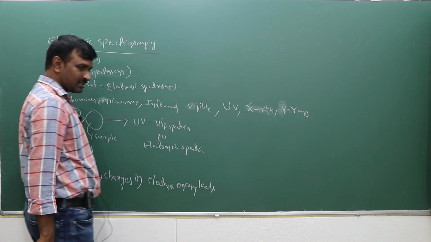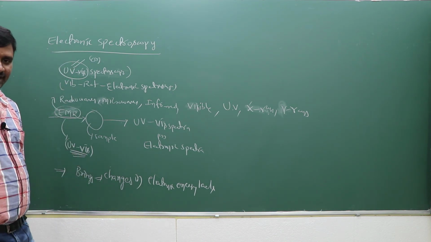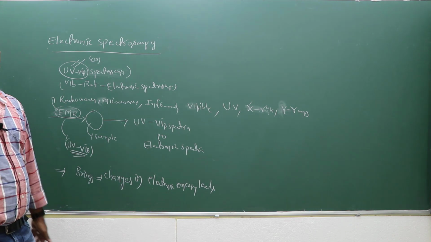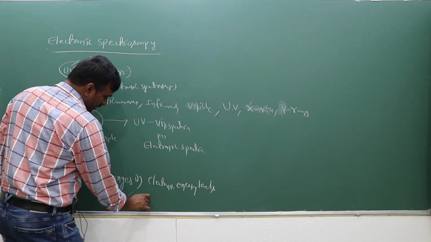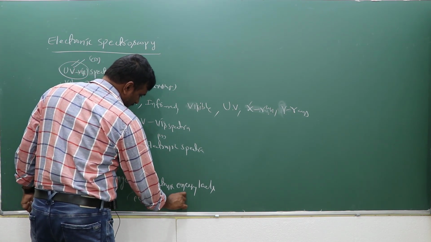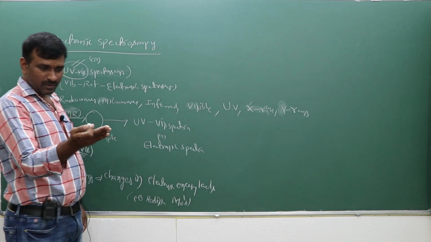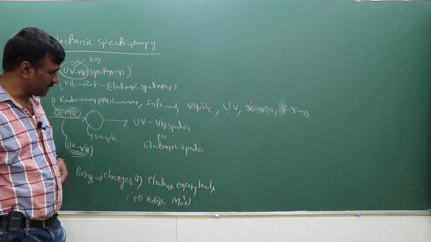Changes in electronic energy levels means electron redistribution takes place in different molecular orbitals, from the ground, HOMO level to the LUMO level, or from a lower level to another level.